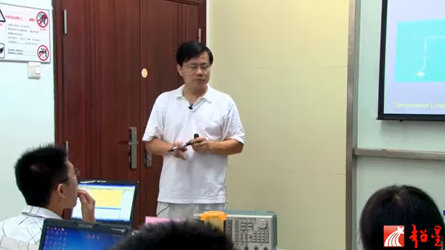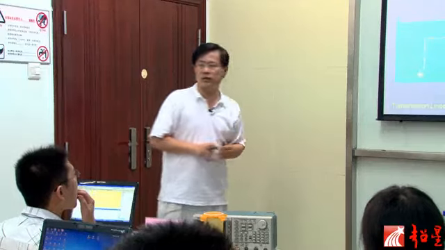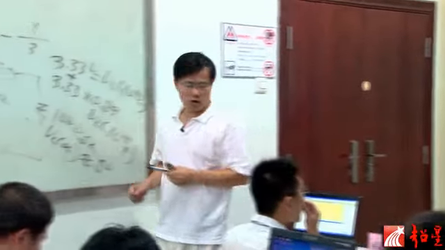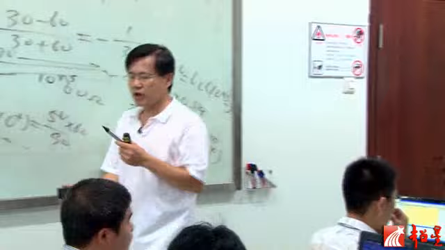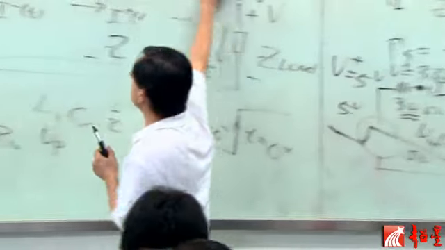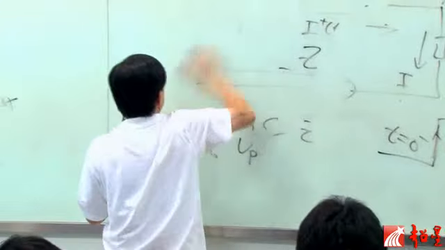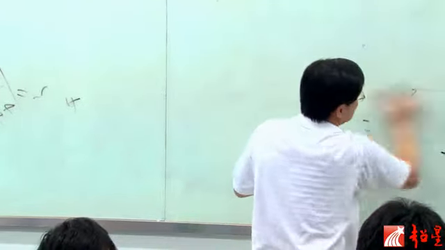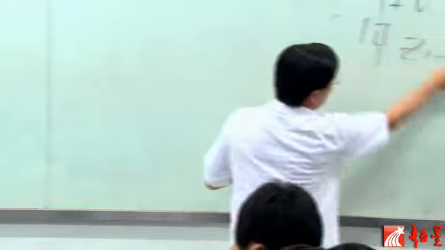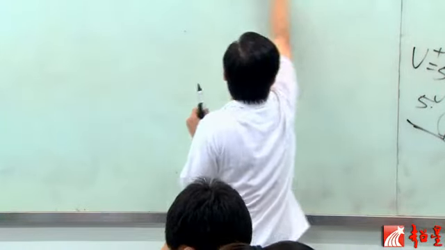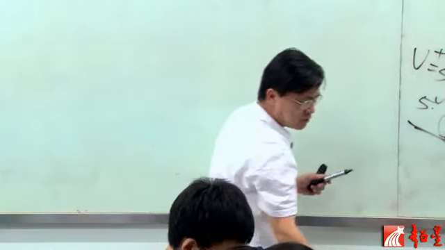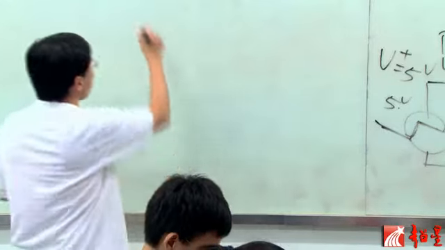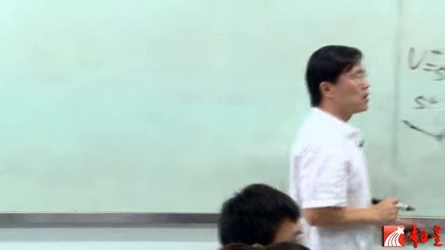Because I don't have a transparency, I need to draw the bounce diagram on the board. But you have a blank sheet you can use. You can study, you can follow me. The bounce diagram describes the time and space relationship between the voltages. Let me see how we have a solution here.